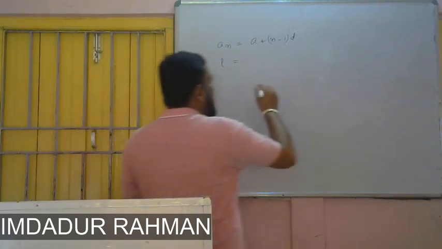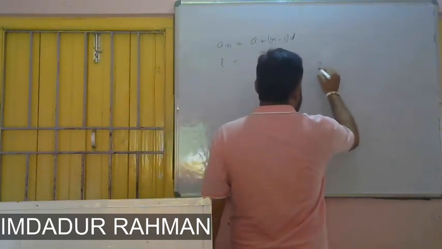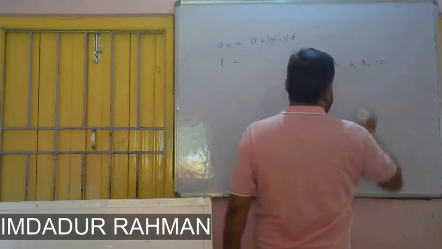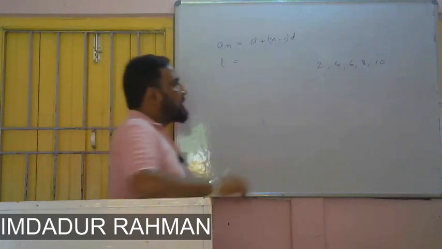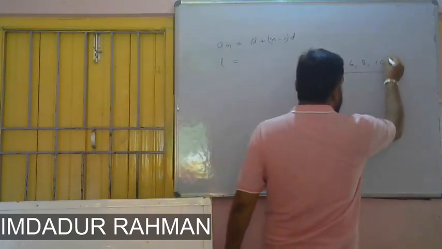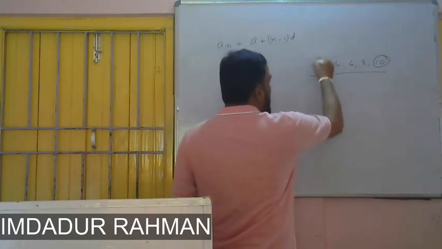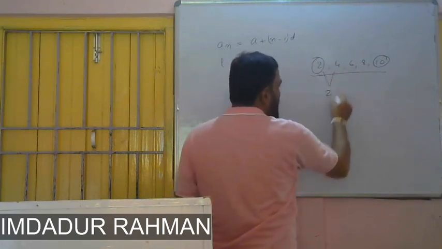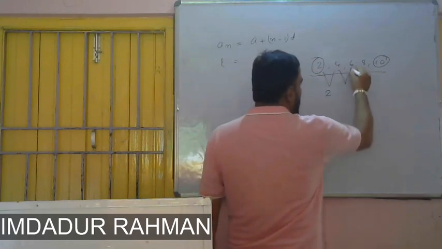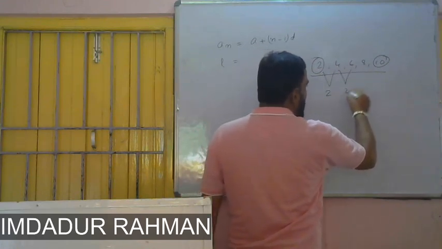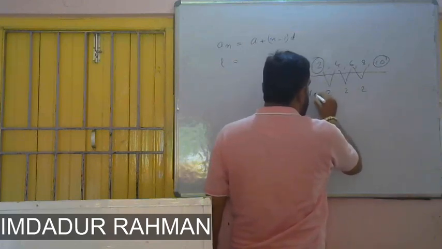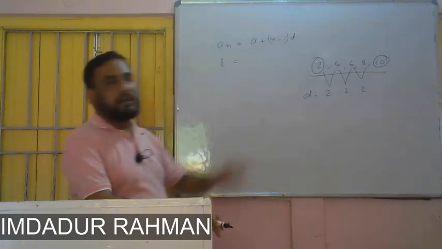Last term means in a series, suppose 2, 4, 6, 8, 10. Here in this series, 10 is the last term, 2 is the first term, and here common difference is 2. You see, 4 minus 2 is 2 and 8 minus 6 also 2. So this common difference is denoted as D. D is equal to 2.